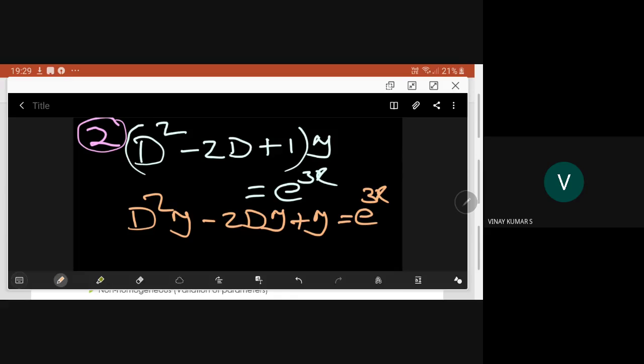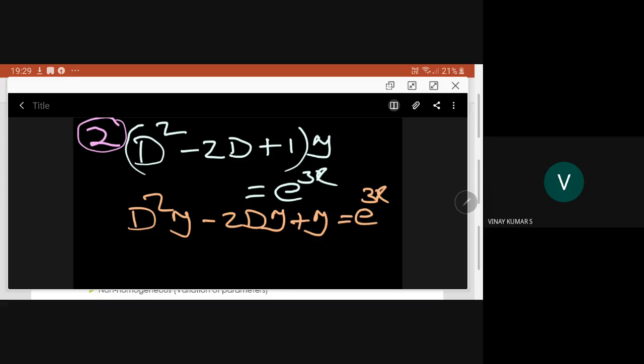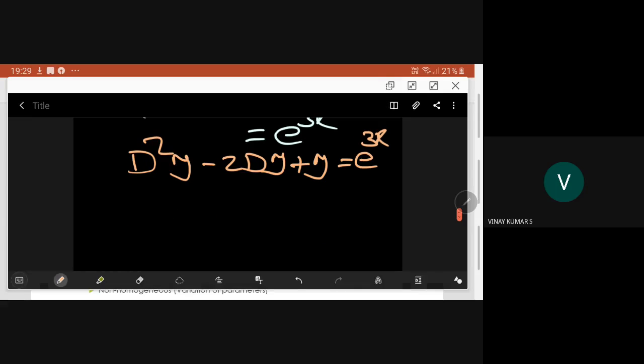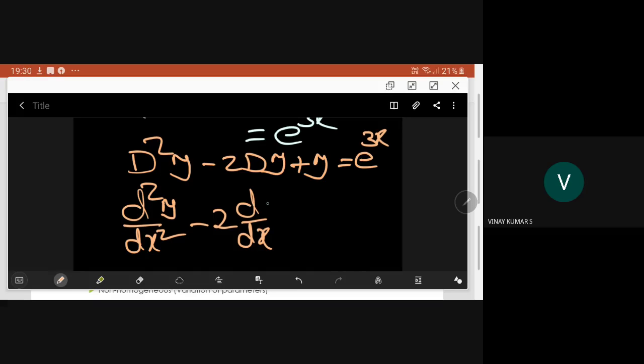So further this can be viewed as d square by dx square upon y minus 2 d by dx upon y, acting upon y, is equal to e power 3x. This is the one.